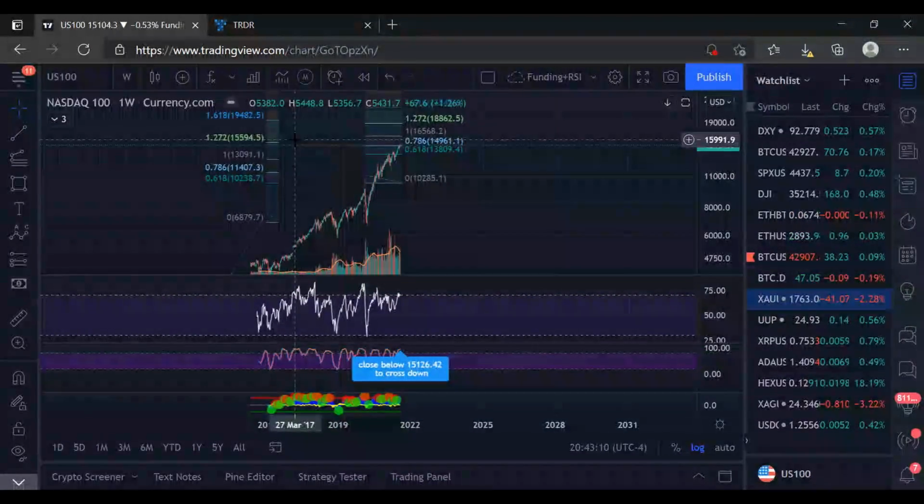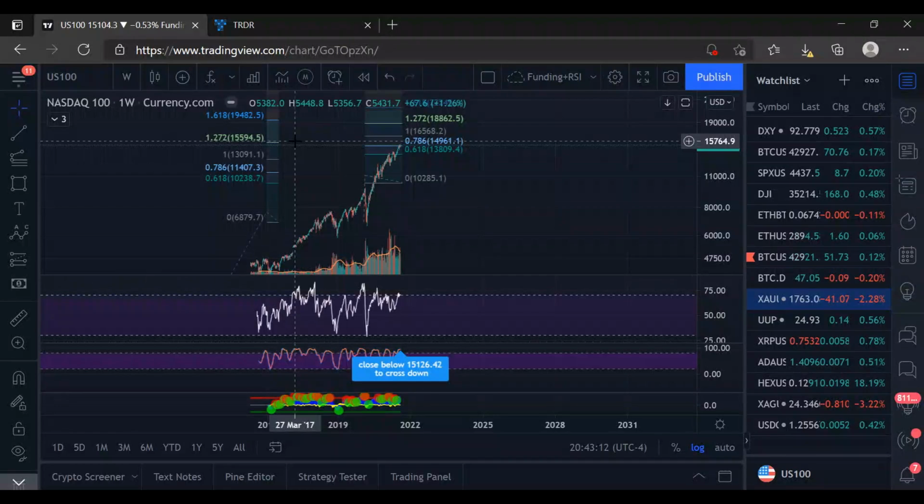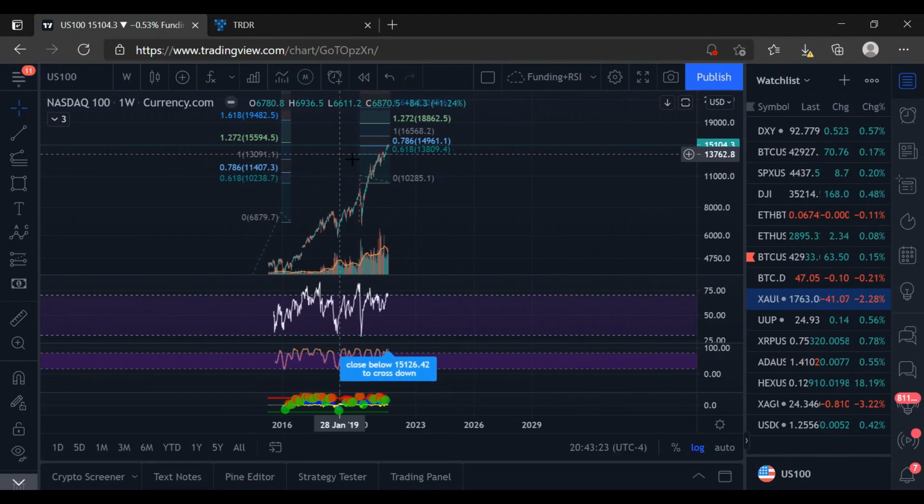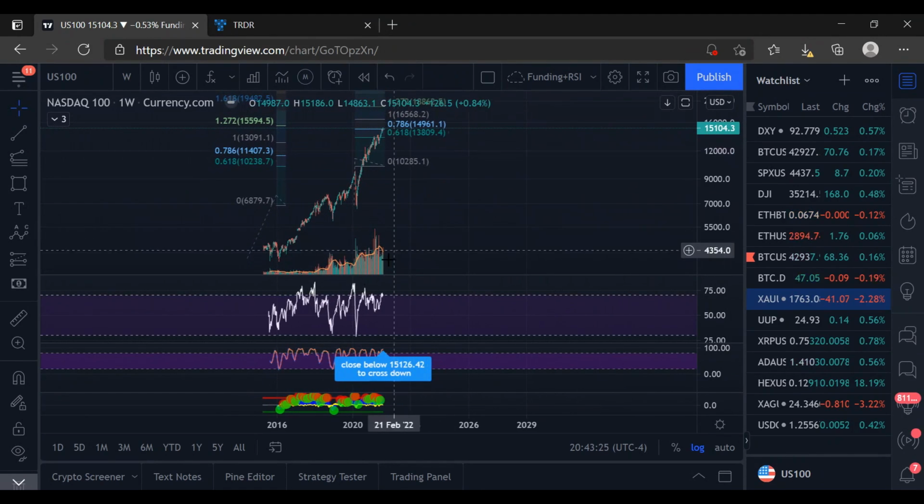And actually almost met that target. 15,594 for that to be an ABC. We've got 1, 2, 3 drives of bearish divergence. The trend is weakening, but the price keeps going up.